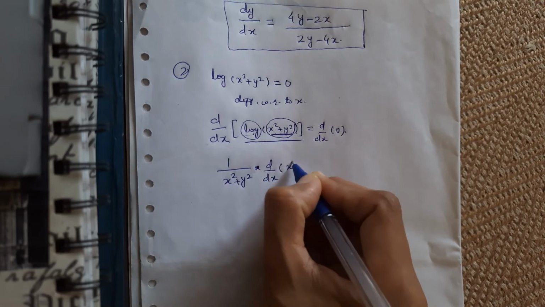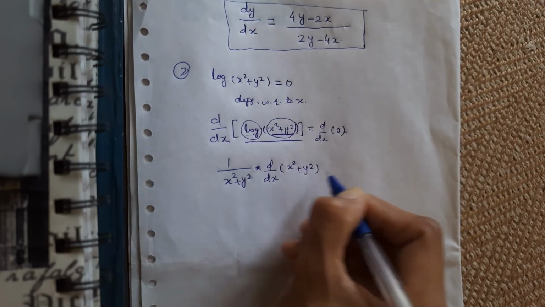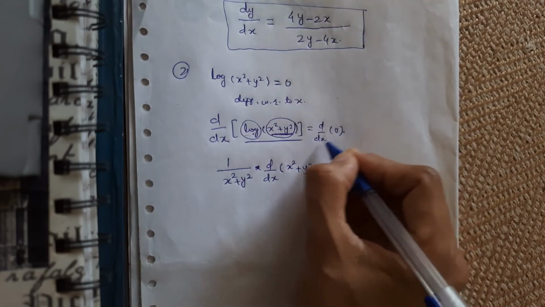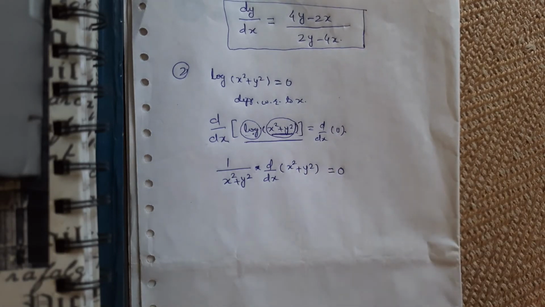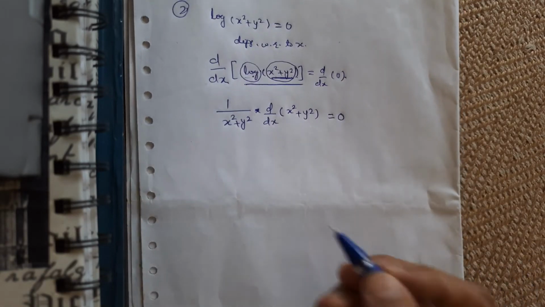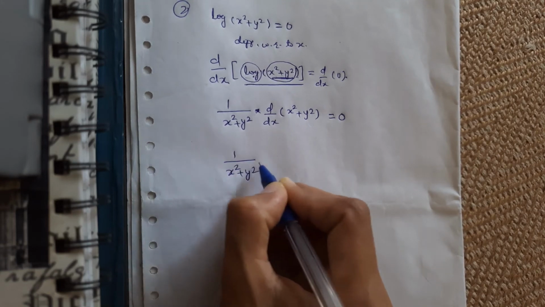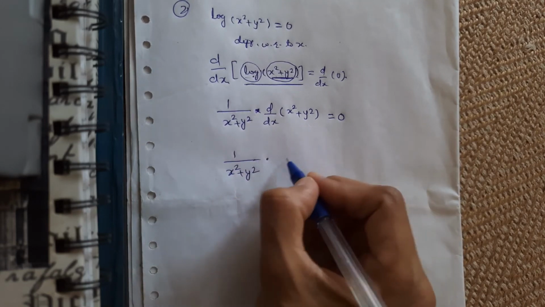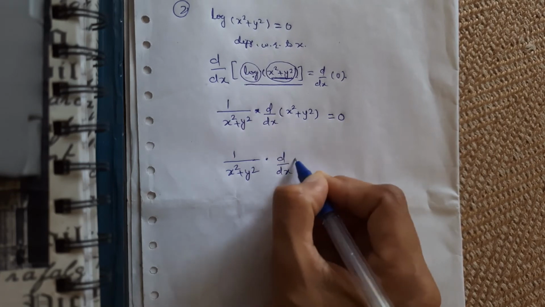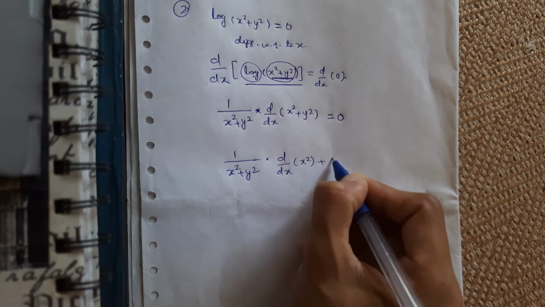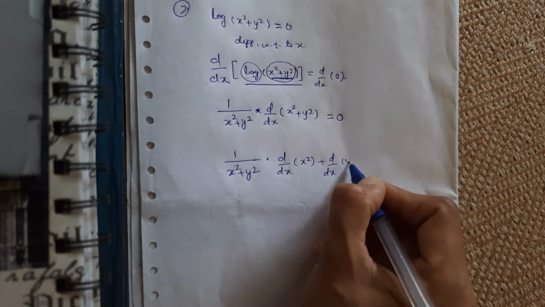This is my inner function, x square plus y square, equal to derivative of 0 is 0. 0 is a constant, so derivative of a constant is 0. Now 1 upon x square plus y square into derivative of x square plus derivative of y square.